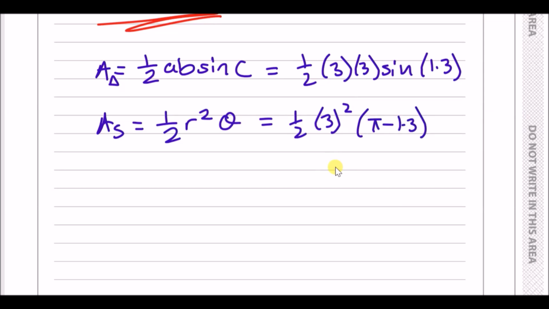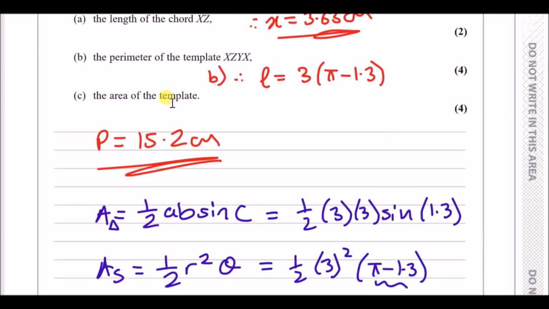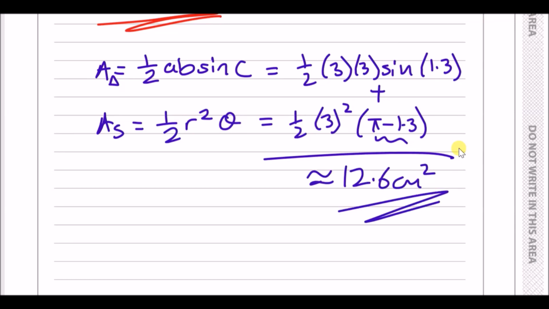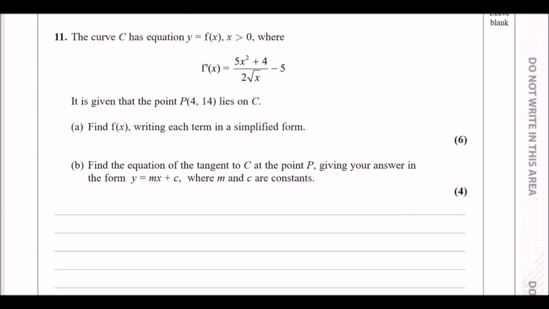If you already worked out this angle, just replace that instead. And then finally, to work out the total area of the template, just add them both up. When you add both of these up in a calculator, you should get a final answer of 12.6 centimeters squared.